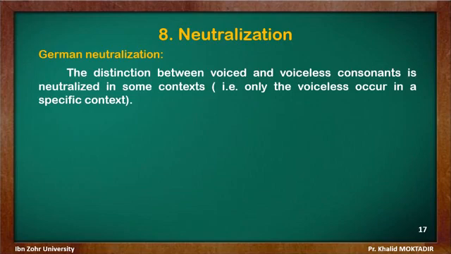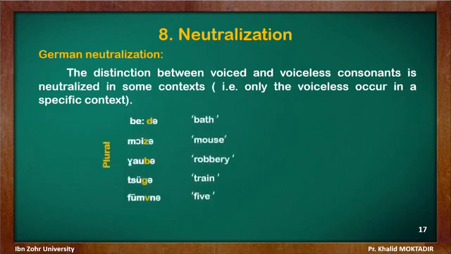That is, if we have, for example, voiced and voiceless consonants like the bilabials b and p, only one of them will occur in a specific context. In German, only the voiceless sound occurs in word final position. Look at the examples.